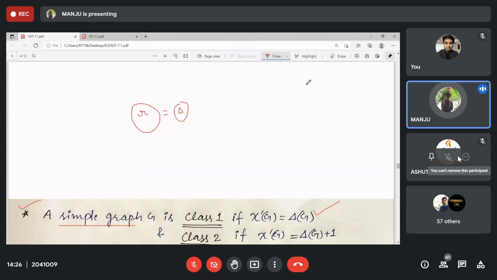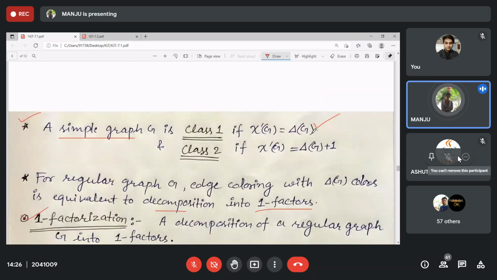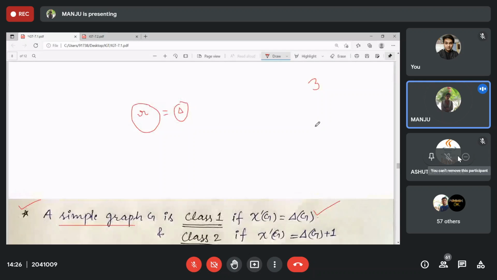If it exists. For example, the Petersen graph is 3-regular, but you cannot find three one-factors for it. One factor you can find, but further you cannot factorize it. So in that sense you cannot color it with 3. You need more than 3.